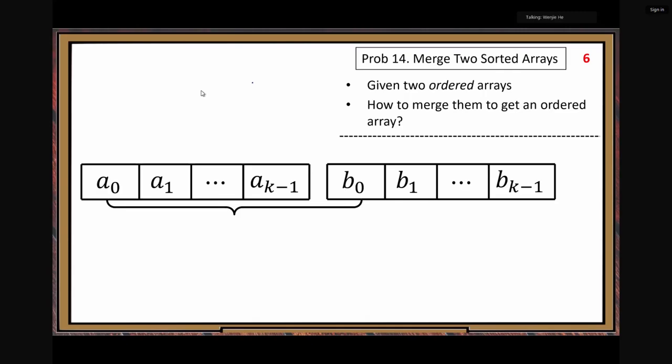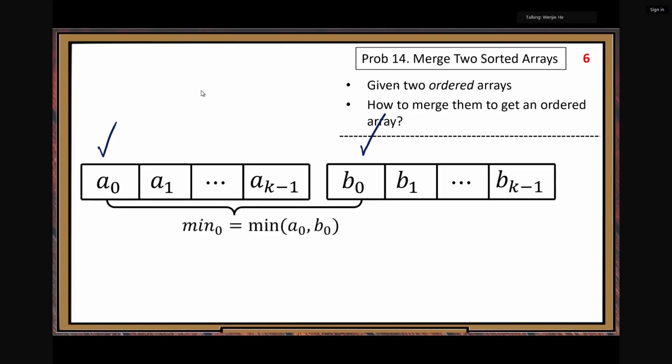Because both arrays are ordered, when you compare the 2 smallest elements in these 2 ordered arrays, the smaller one is the smallest in your whole data. That means it is in place, so you can put it in place. One comparison, one element in place.